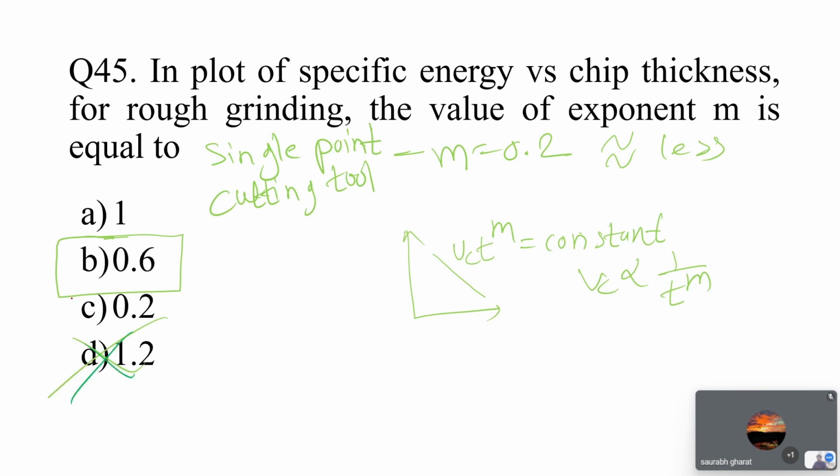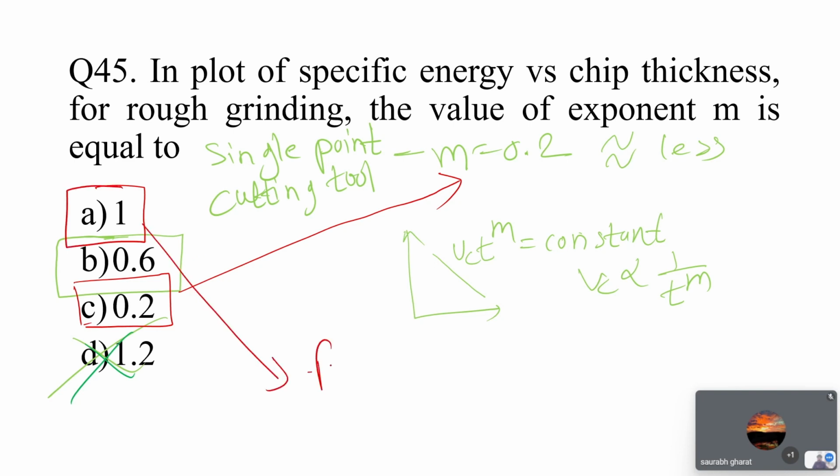That's wrong. As I mentioned there, this 0.2 will be used in this case. Your 0.6 will be used for rough grinding, and your 1 is used in case of fine grinding. For fine grinding processes, you have one value.